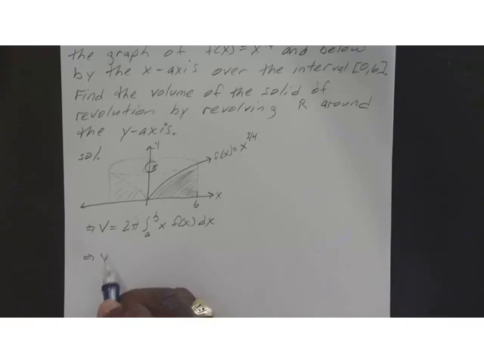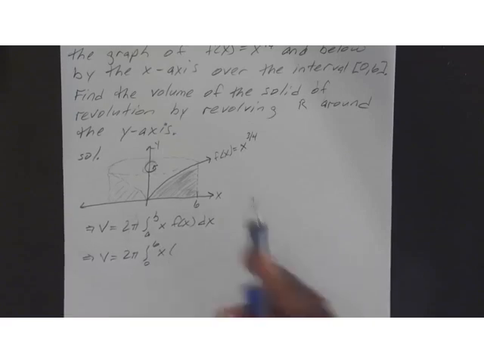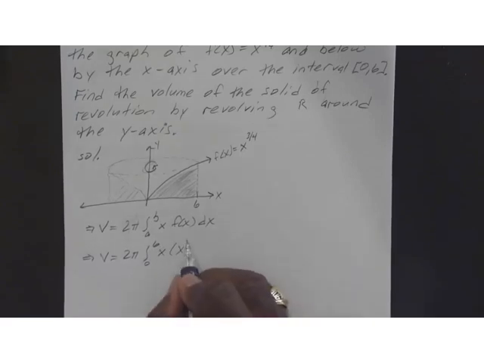So that gives us the volume is equal to 2 pi times the integral from 0 to 6 of x times x to the 3/4 power with respect to x.